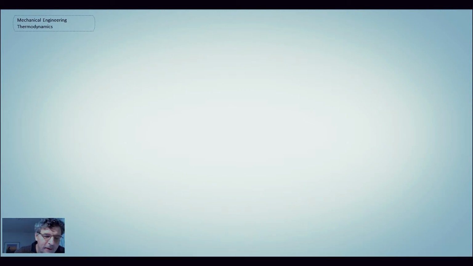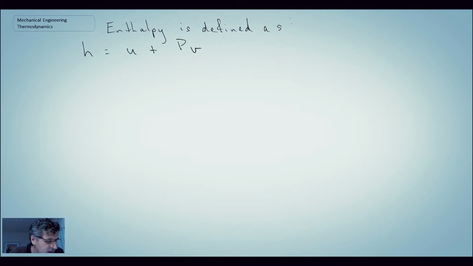Now, when we looked at enthalpy in an earlier lecture, we said that enthalpy is defined as a combination of internal energy plus PV, which is essentially flow work.